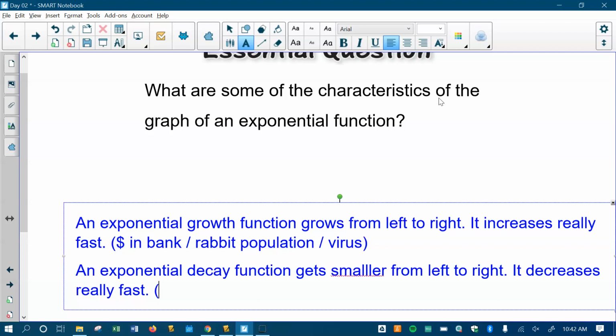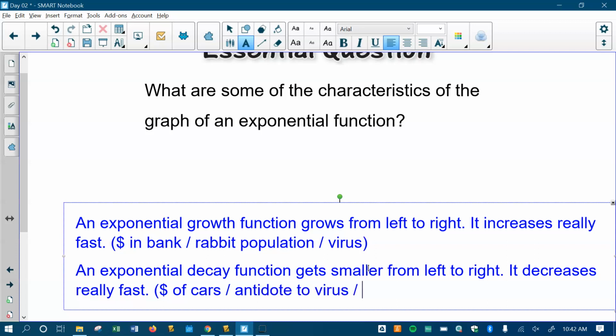Exponential decay. Examples of that would be something like the price of most cars. Some cars actually gain value, but most cars decrease in value. So the value of cars. Another thing would be an antidote to the virus.